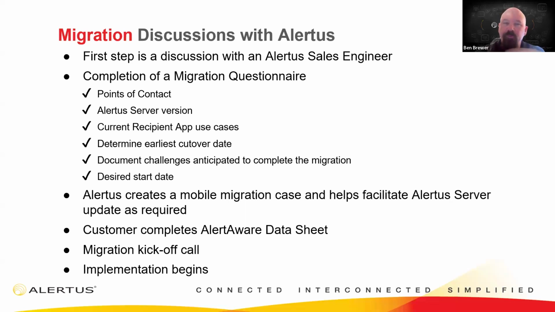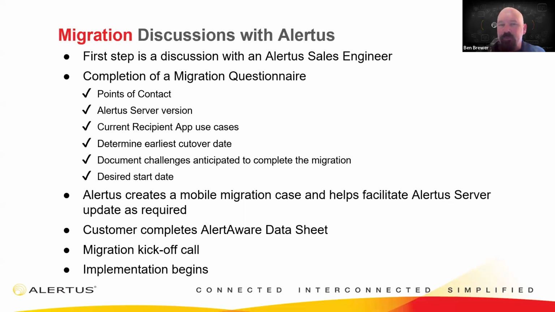So once we get through that initial conversation with you all, we're going to create a support case, a mobile migration case, if you will. And that's how we're going to track your progression and monitor activities and next steps. We will then ask you to complete an Alertaware data sheet, which really is asking you to identify those individuals that you want to have set up as an Alertaware owner and Alertaware admins.